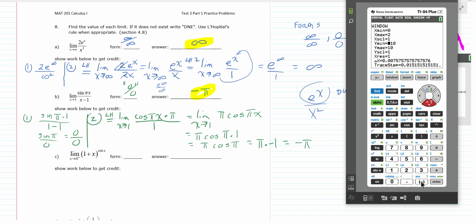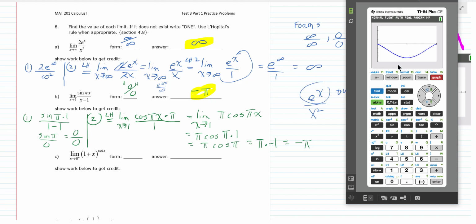Let's do some small numbers like -2 to 2, and make the y go from -4 to 4. Okay, so there's my graph.